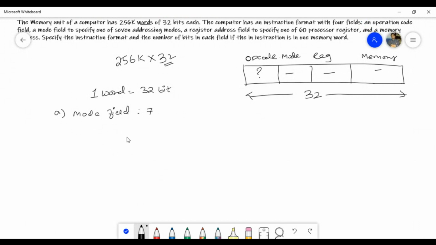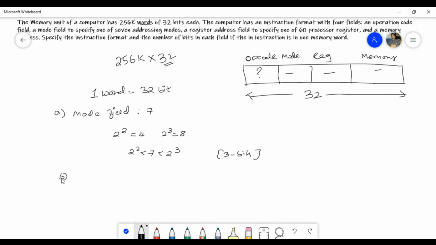So how many bits do we need to represent 7? 2 power 2 is equal to 4, 2 power 3 is equal to 8. So we need at least 3 bits, because 7 is more than 2 power 2 and less than 2 power 3. We need 3 bits to represent the mode field.